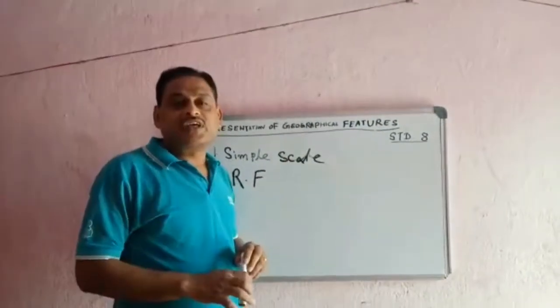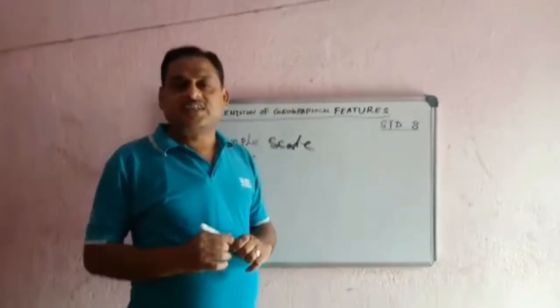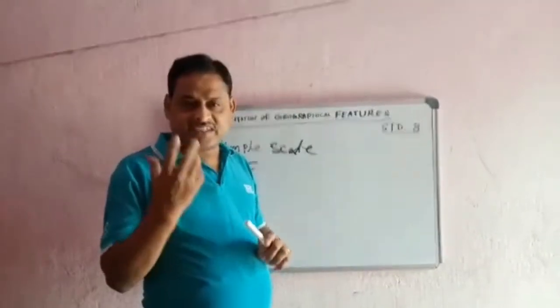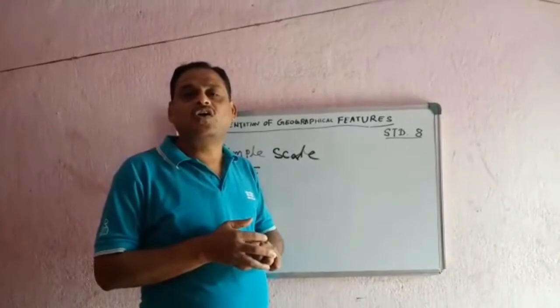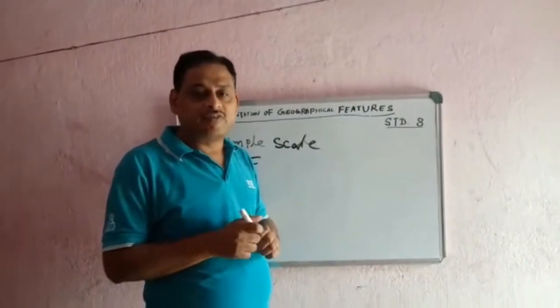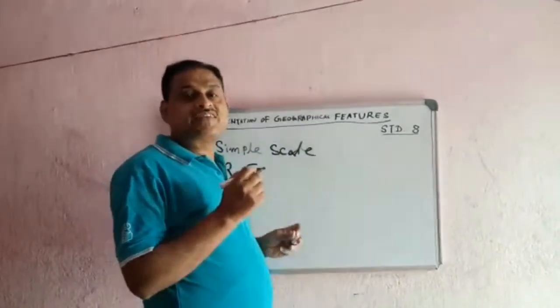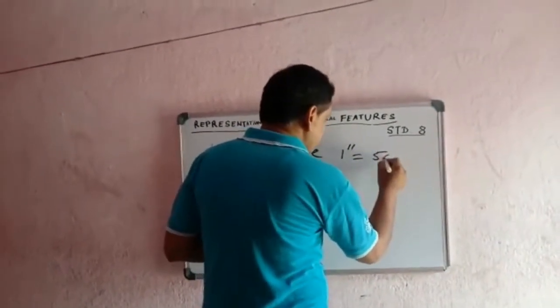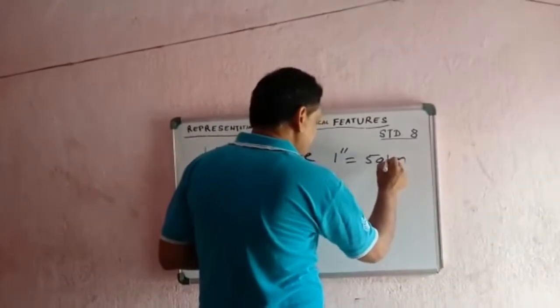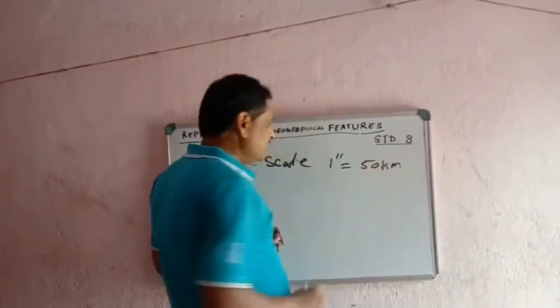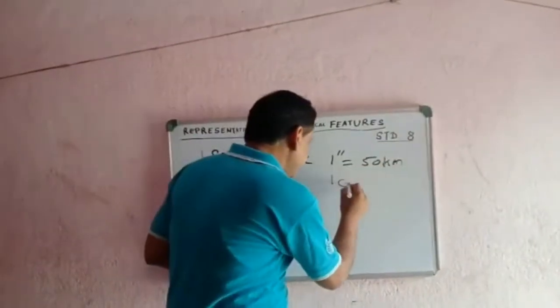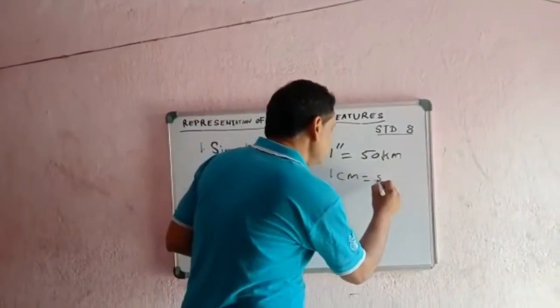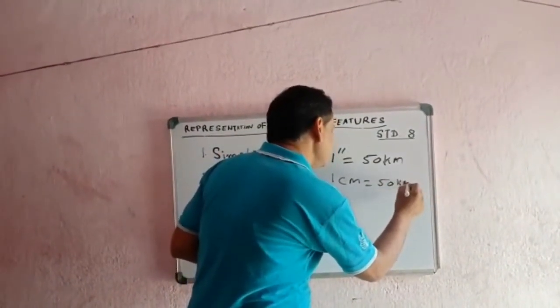Simple scale means that a scale can also be represented verbally or in text format. For example, verbally, like 1 inch is equal to 50 kilometer, or 1 centimeter is equal to 50 kilometer.